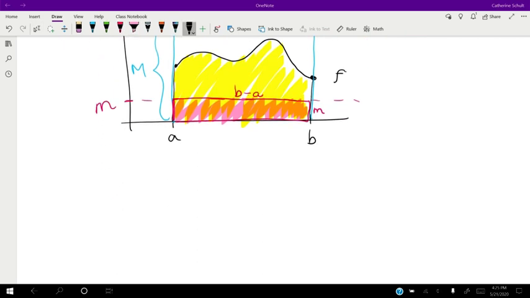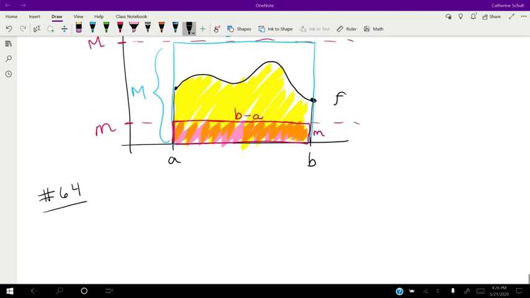Let's take a look at number 64. And we're going to use that last property to estimate an integral. So we can use property 3 or comparison property 3 to estimate an integral.